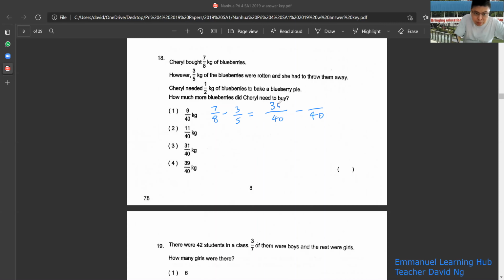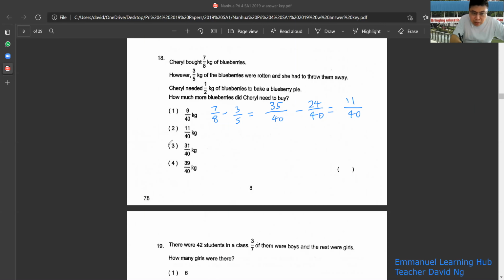Very good. Then here, 5 times how many is 40? 5. 24. Here should be 24. So what's the fraction here? The fraction here is 11 over 40. 35 minus 24 is 11.